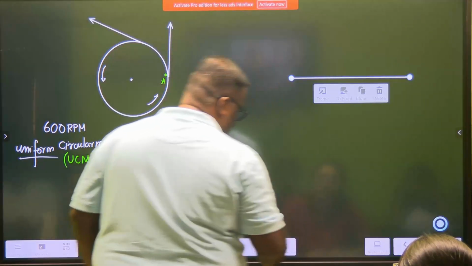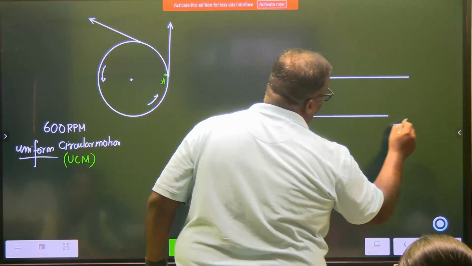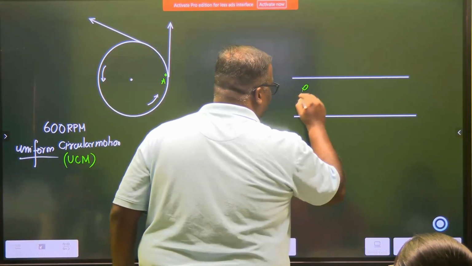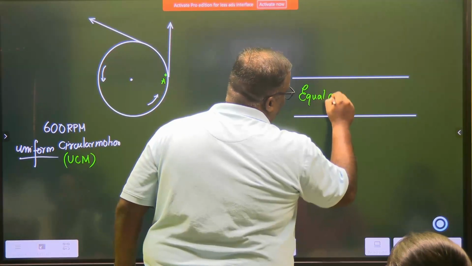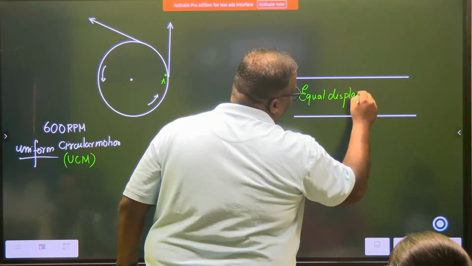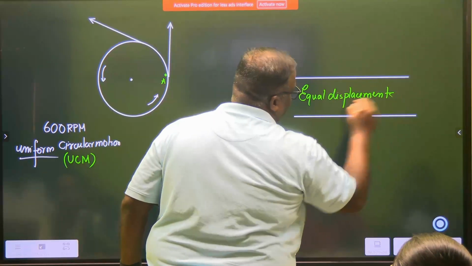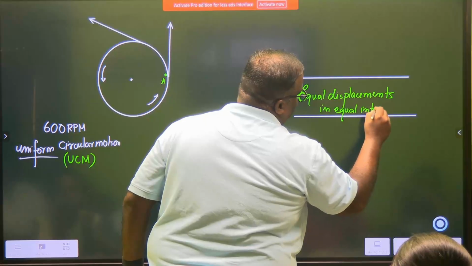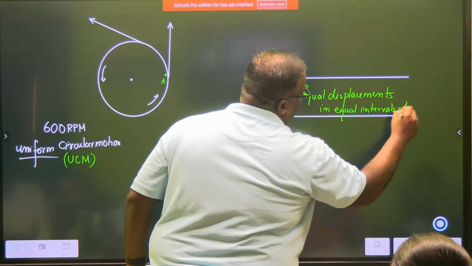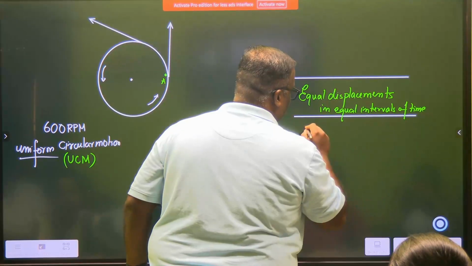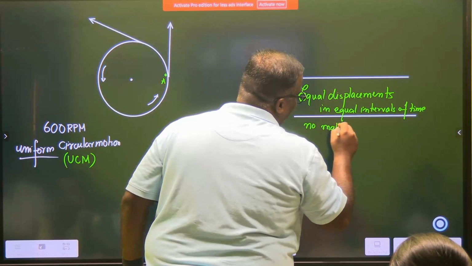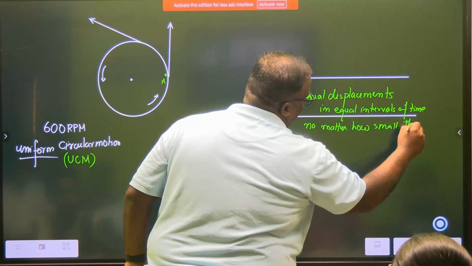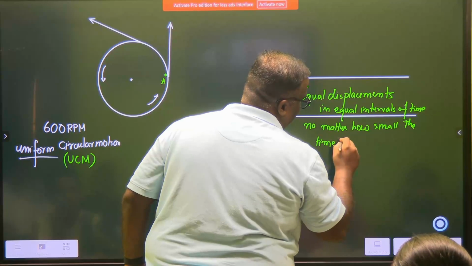Imagine you have a straight stretch of road, and in this stretch of road you are covering equal displacements in equal intervals of time, no matter how small the time intervals are.